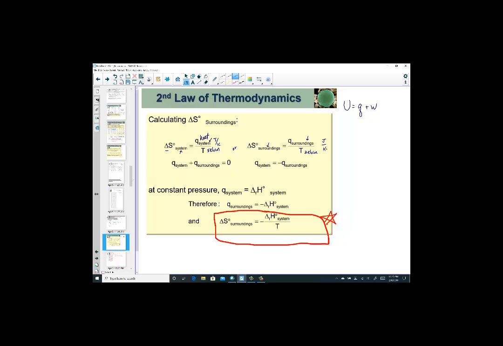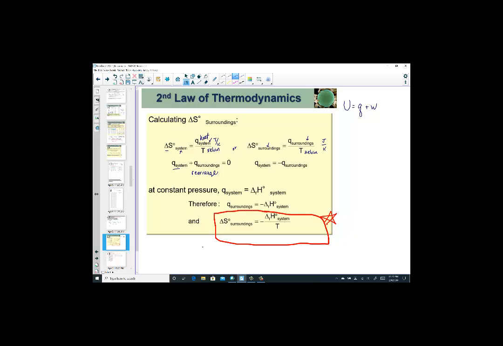We know that the sum of the system and the surroundings is always equal to 0. So if I just rearrange this equation, the heat of the system is equal to the opposite sign on the surroundings. Q of the system is negative Q of the surroundings.